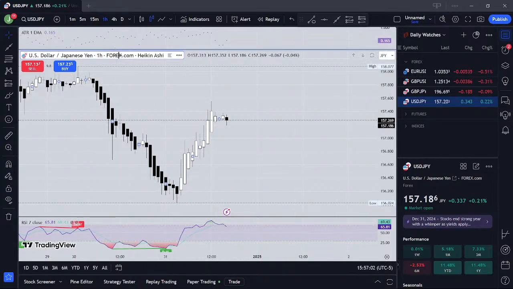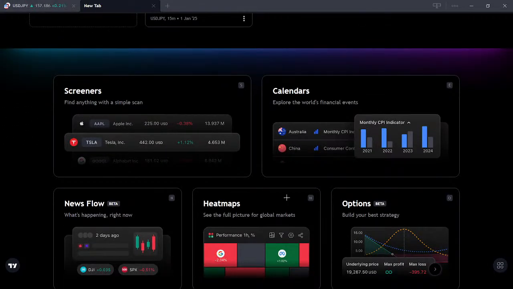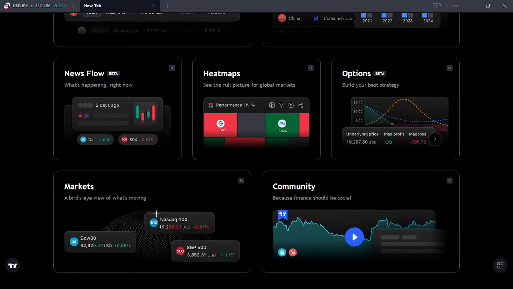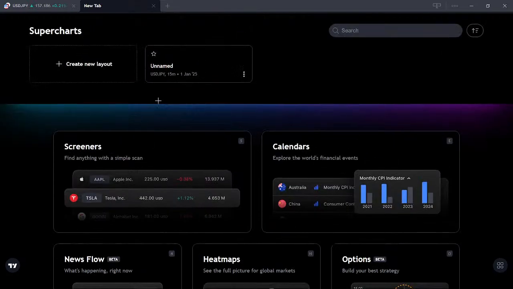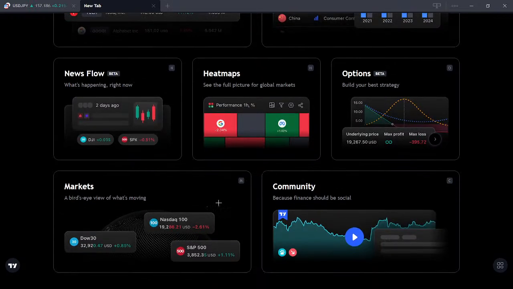So you have to make sure you know what broker you're going to. If you're doing Forex.com, which I highly don't recommend, because here TradingView shows you the ratings for each broker. I'm going to go over here, not the markets.